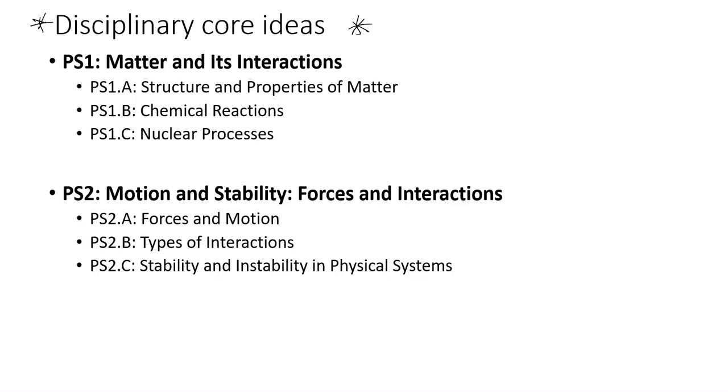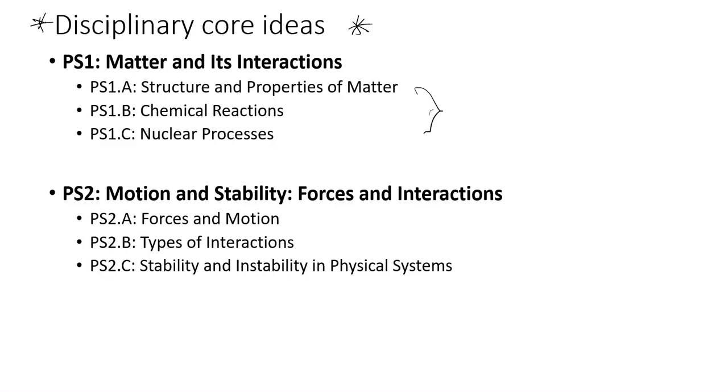The first topic is matter and its interaction. So here you deal with the structure and properties of matter, things like atoms, chemical reactions, nuclear processes, things like what happens in the nucleus of the atom.